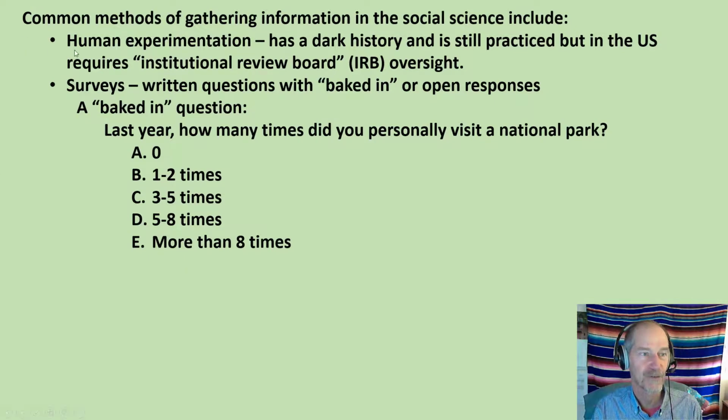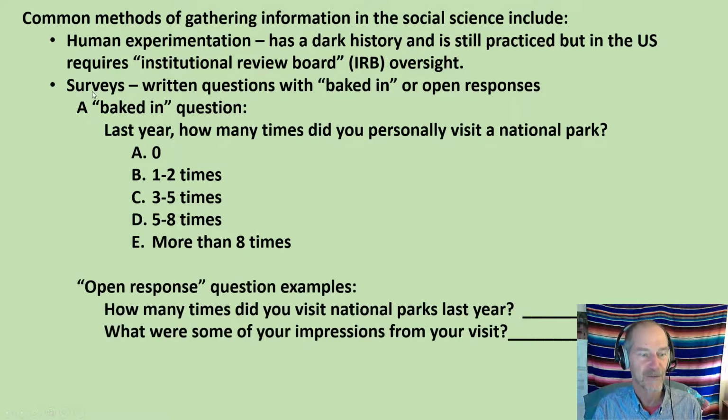Okay, so this human experimentation, there's surveys. Surveys have either baked in, so the Likert scale is kind of what I'm calling baked in, and then there's open responses where you have questions like, how many times did you visit national parks last year? A few, 10 times, a lot. So who knows what people are going to respond there. Even greater variability would be the responses to the second question: what were some of your impressions from your visit?